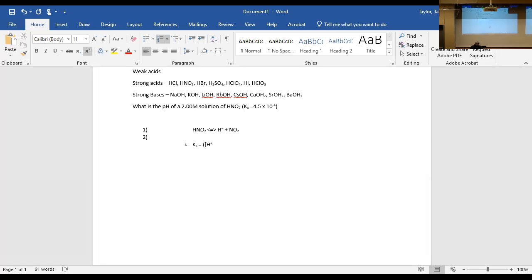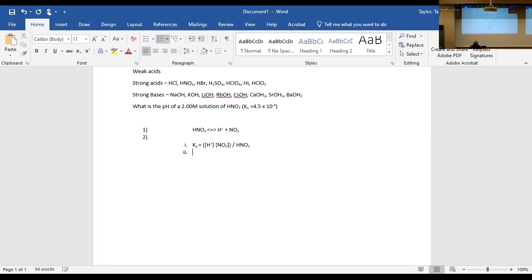So you have your H plus ion times your concentration of the NO2 minus, and those are your products. And then you divide that by your reactants, which is the HNO2.